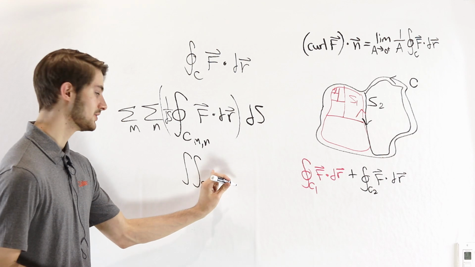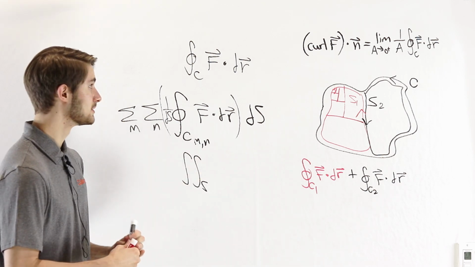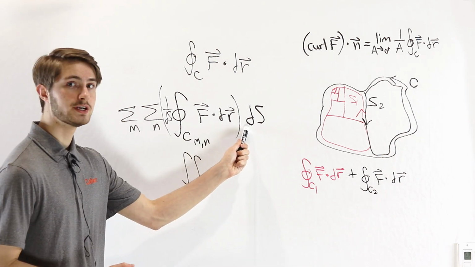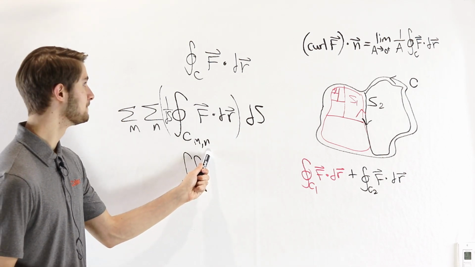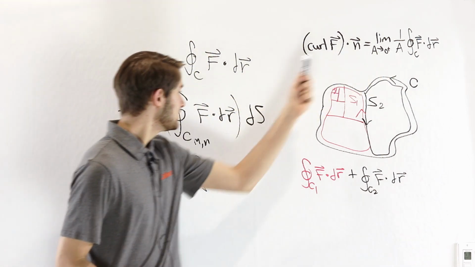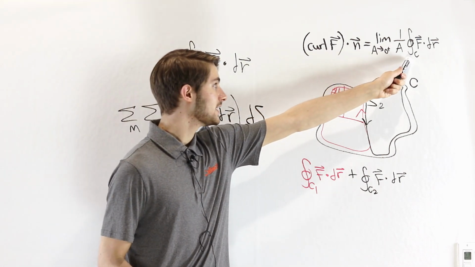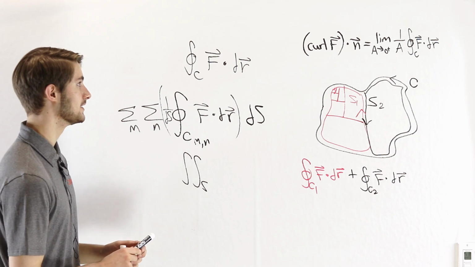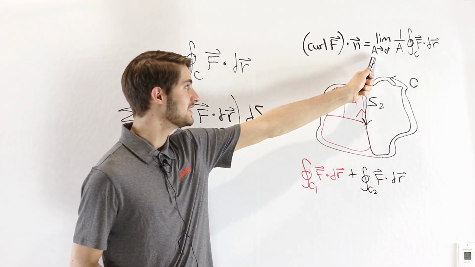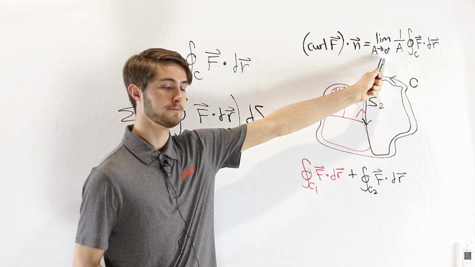But what is going to go in here? Well, remember that we're taking the limit as the area approaches 0. And this expression looks very familiar: 1 over the area times the closed line integral of F dot dr. That's exactly what we have in here. And we're taking the limit as the area approaches 0.